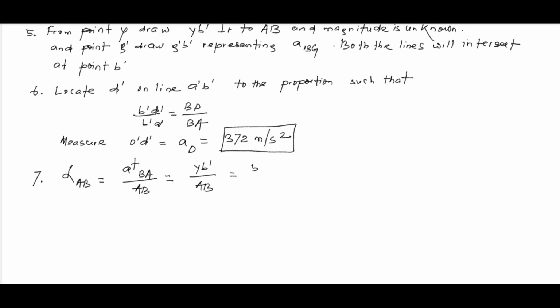So it is 521 divided by 0.6. So it will be around 868 radian per second square, clockwise.